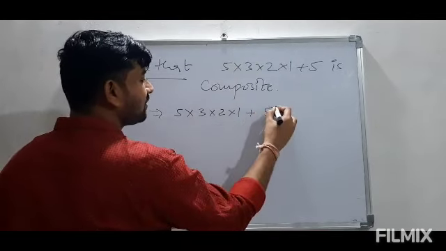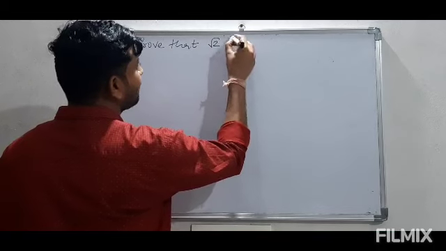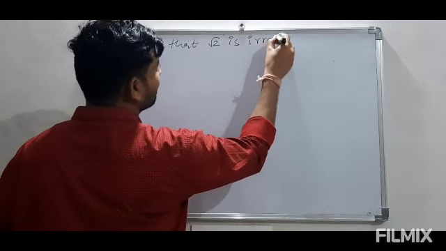As we know, irrational numbers are numbers which can't be written in the form p by q. Now let us take a very simple question: we have to prove that root 2, a very simple irrational number, is irrational.